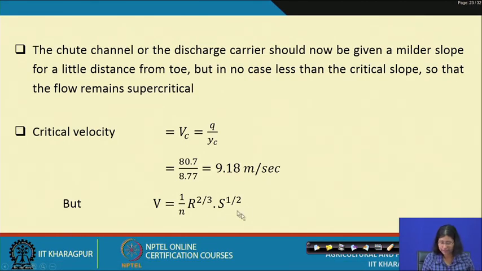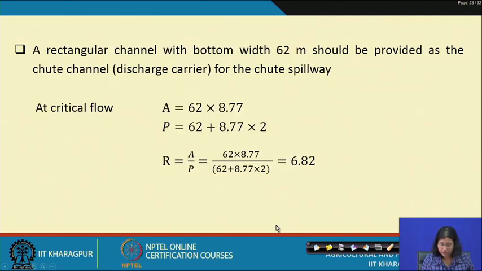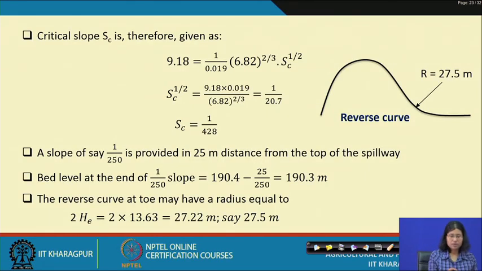We calculated the wetted perimeter and the area of the channel cross section. Now, the critical slope we calculate here, which is 1 upon 428.